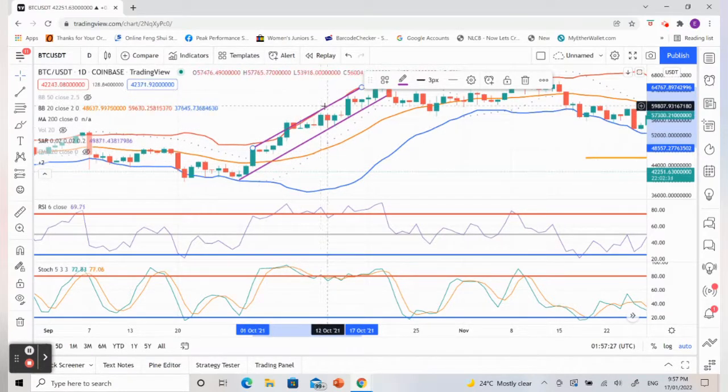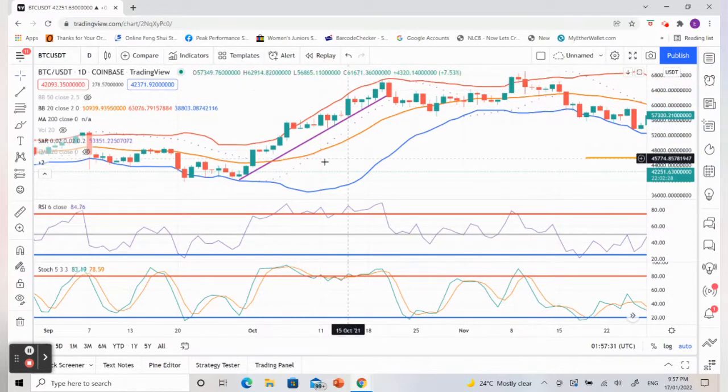So your area of value would be the line here, when the candles or the market comes back and touches this line. Your trend line should always be under the candles. So that's for an uptrend.